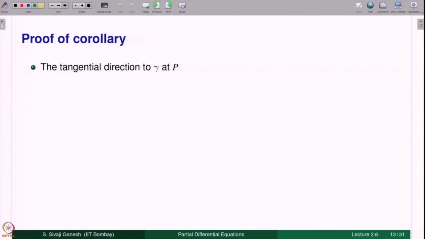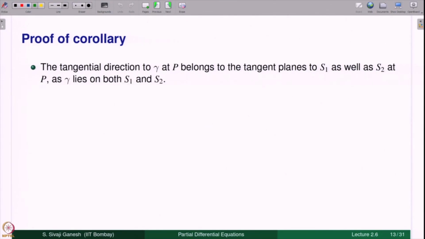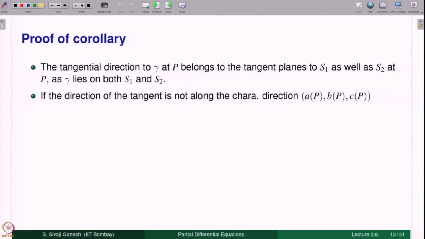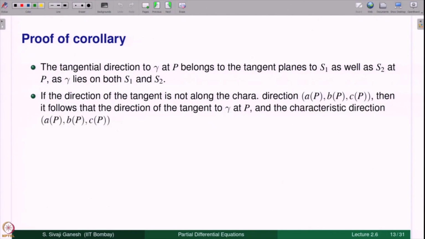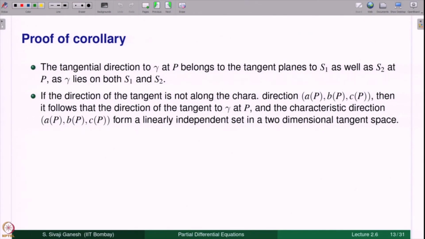Let us prove that. The tangential direction to gamma at P belongs to the tangent plane to both the surfaces S1 and S2 at that point P, as gamma is lying on both of them. If the direction of the tangent is not along the characteristic direction, then it follows that the direction of the tangent to gamma at P and the characteristic direction AP, BP, CP, they form a linearly independent set in a 2-dimensional tangent space.